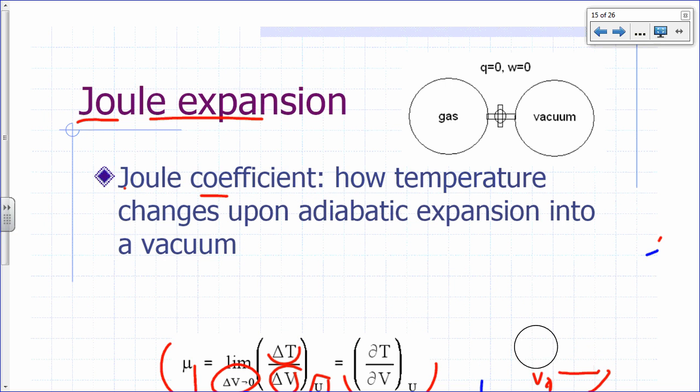And so it would seem like mu is going to be 0 for all gases. In fact, that is true for ideal gases, as we'll show in just a little bit. The problem with real gases is that it's not easy to measure. Delta T is very difficult to measure precisely for real gases because it's also very small.